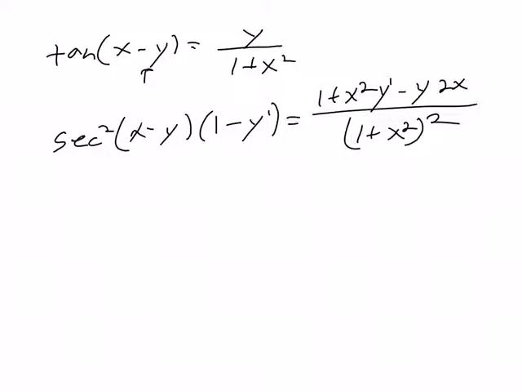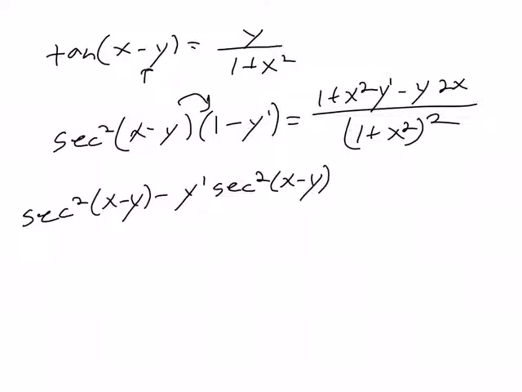And then what we're going to do is we're going to have secant squared of x minus y minus, right, so this is that times that, minus y prime secant squared of x minus y. Okay, we would have to move that over there.